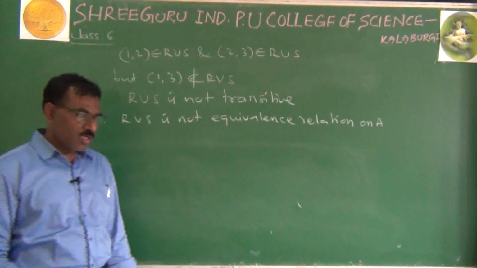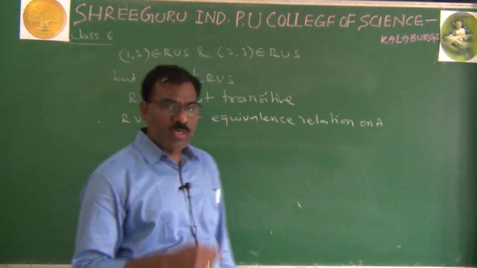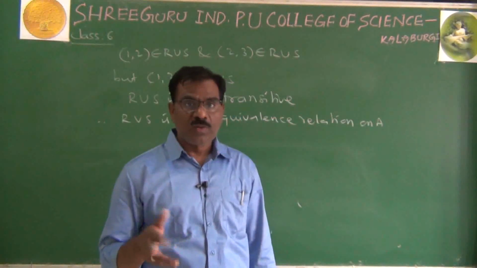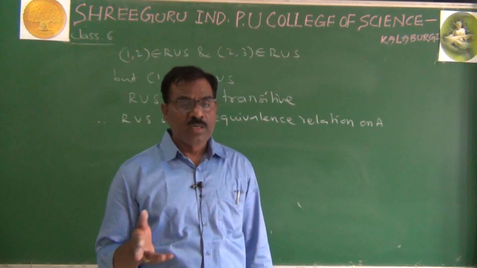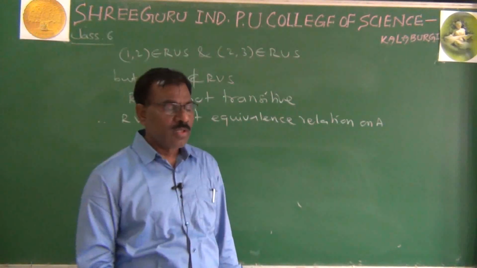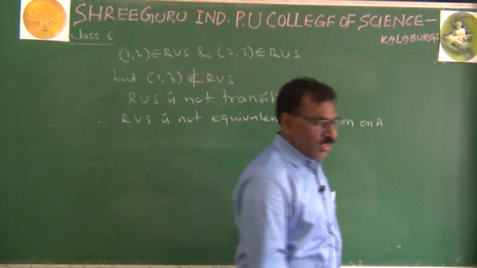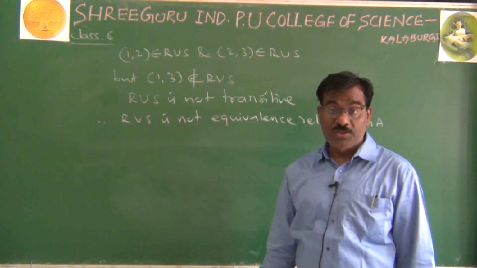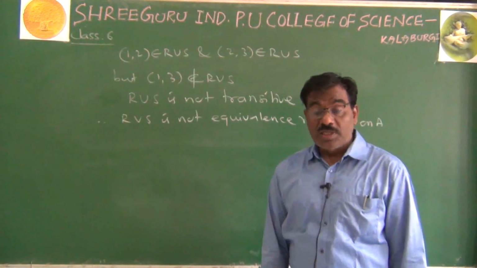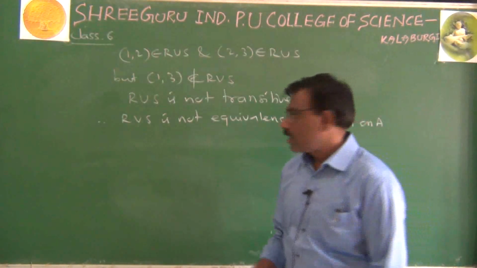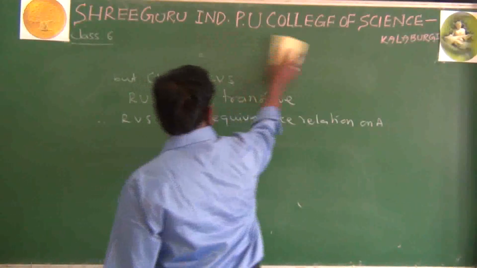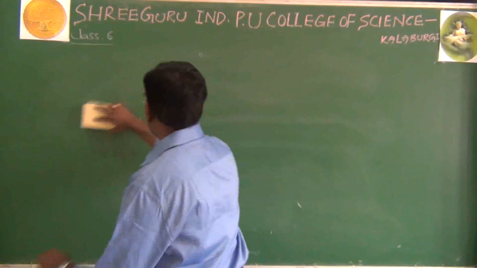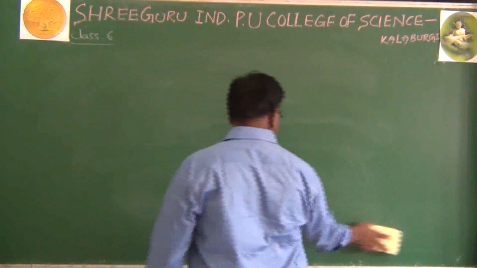I am taking the union: reflexive is satisfied and symmetric is satisfied, but transitive is not satisfied. So R union S is not transitive, and it is not an equivalence relation. Usually the union is not necessarily one.